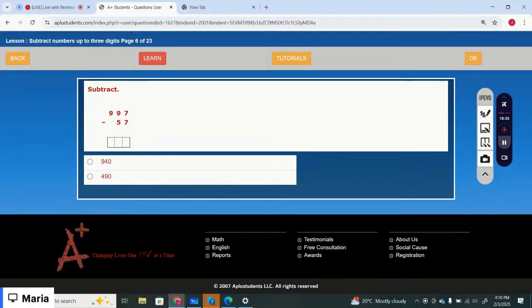That is 940. Option number 1 is the correct option.